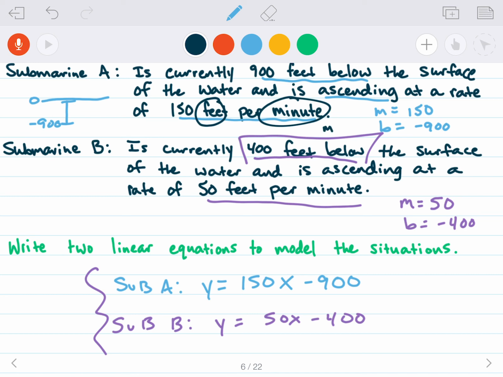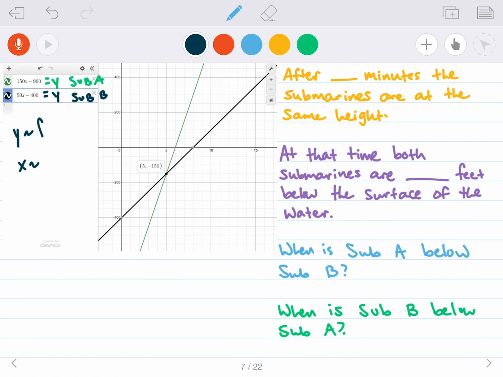So slope is change in y over change in x. So y over x, we got feet. Maybe I'll erase this. So for y, we got feet, and for x, we have minutes, feet per minute.